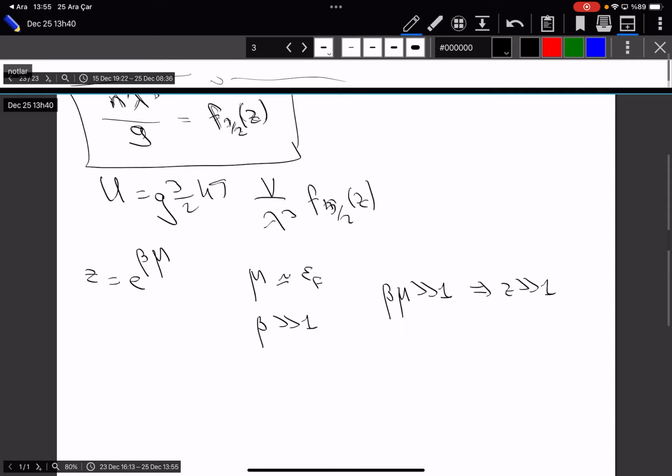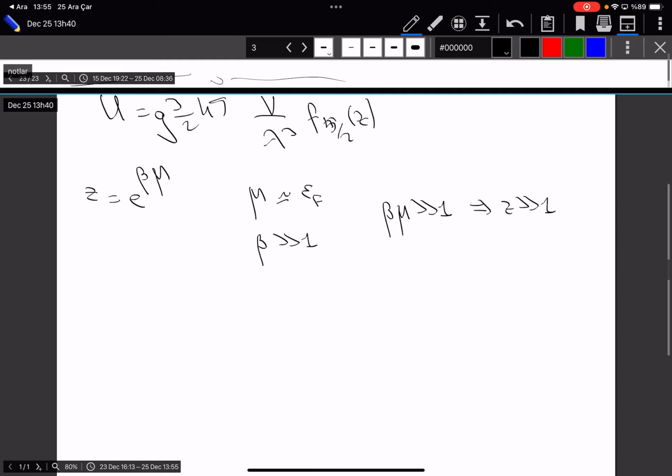So we have to come up with new tricks to calculate these functions. Now, what was F nu of Z? This was given by 1 over gamma nu, integral dx from 0 to infinity, x to the power nu minus 1 divided by e to the power beta x minus mu beta, plus 1.